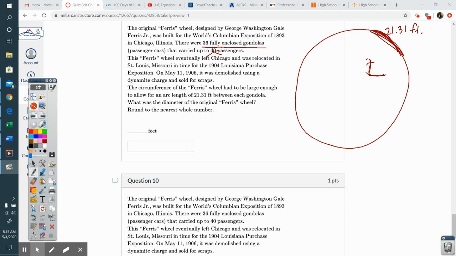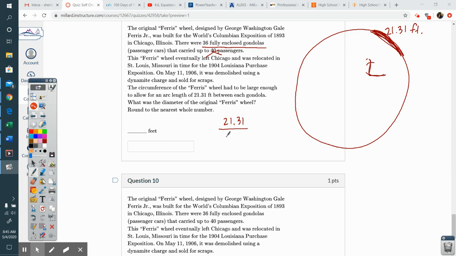Okay, so it's asking what's the diameter of the original. I haven't solved this one, but we're going to put it into an equation to see. If the arc here is 21.31, that's the portion of the small to the whole, and it asks for the diameter.